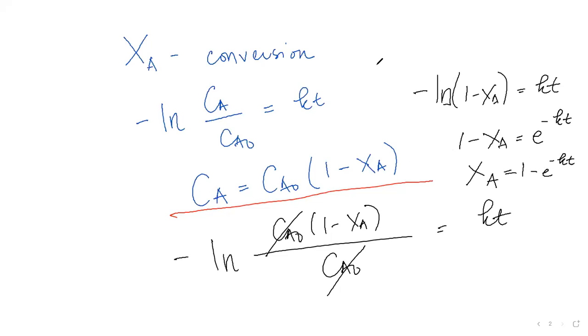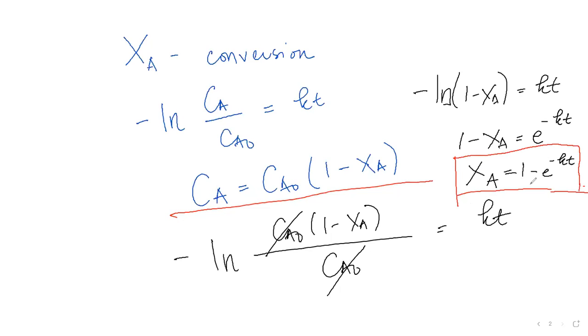You need not memorize this formula, because if you know your differential equation, then you can readily derive this from the rate equation. That way you will not have to bother yourself memorizing so many formulas, because this is not the only formula that you will be encountering for now.